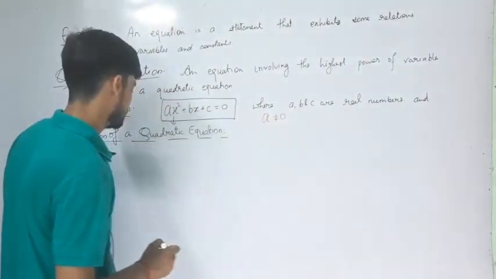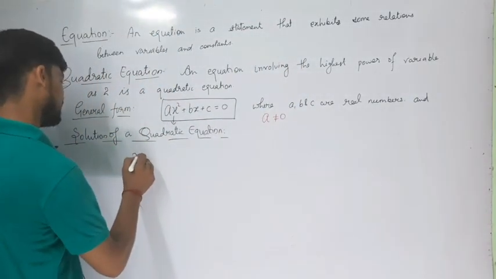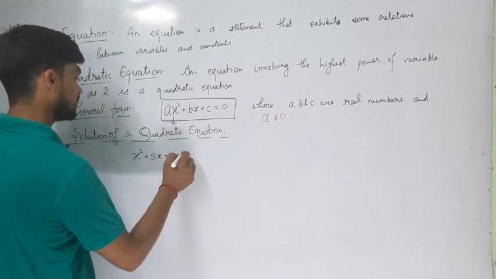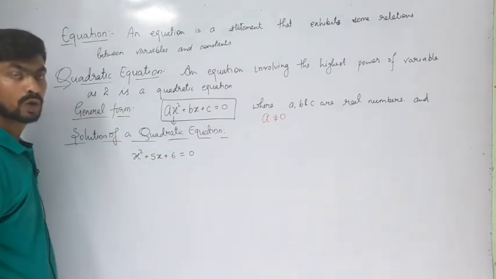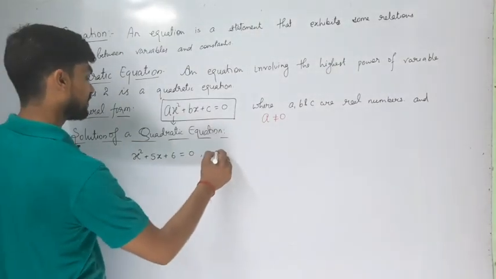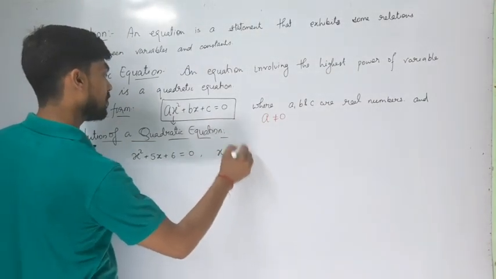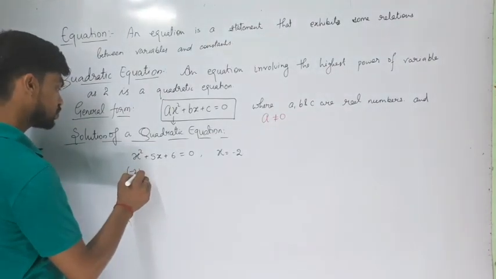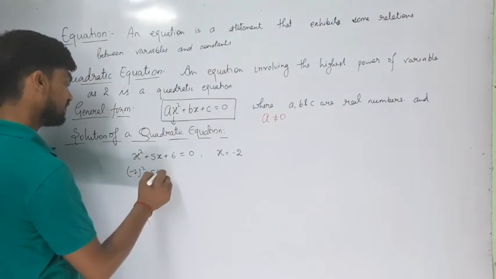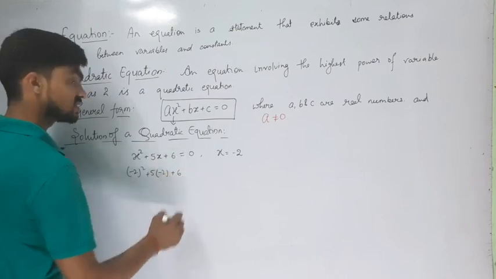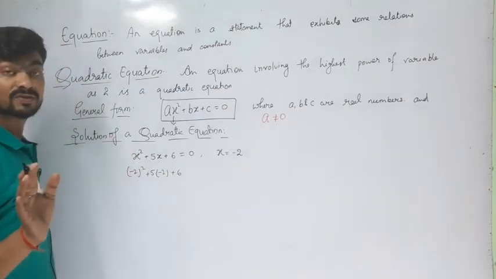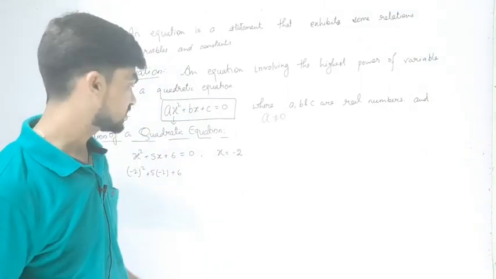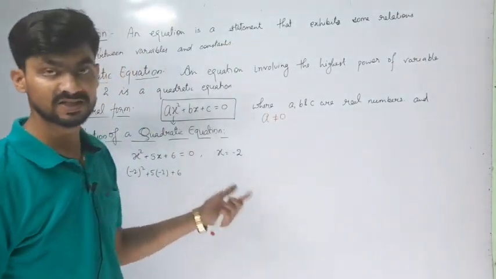For example, if we have x square plus 5x plus 6 equals 0, and if I supply x equal to minus 2, what will I get? Minus 2 square plus 5 into minus 2 plus 6. We have the right to place the value in LHS only, not in RHS, because RHS is already 0.